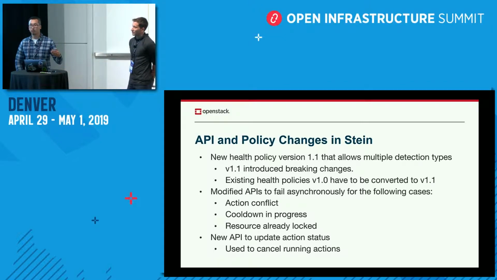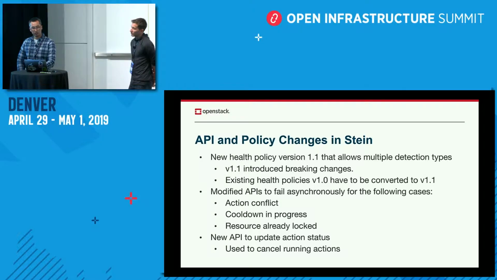You can ask Senlin to poll the node, and you can also ask Senlin to poll Nova for the status at the same time. One thing that is important to note is that version 1.1 is incompatible with version 1.0. I will go into that a little bit later, but they have to be converted over.